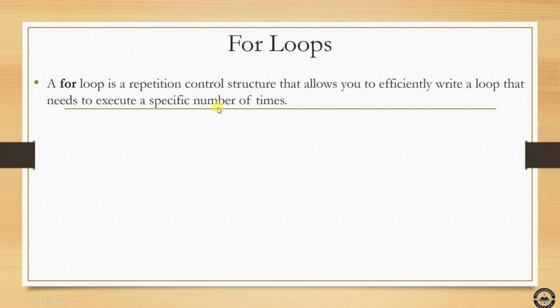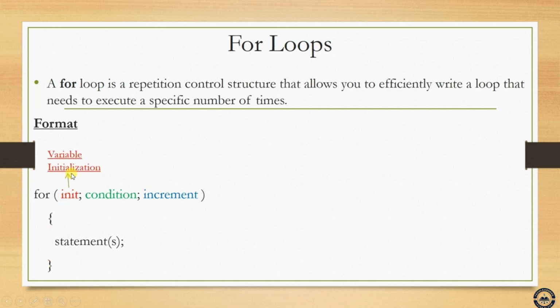All right. To further understand that, we will look at the format of the for loop. First of all, we have the reserved word for, and then this part inside the parentheses that has three sections. In the first section, the loop variable is initialized.